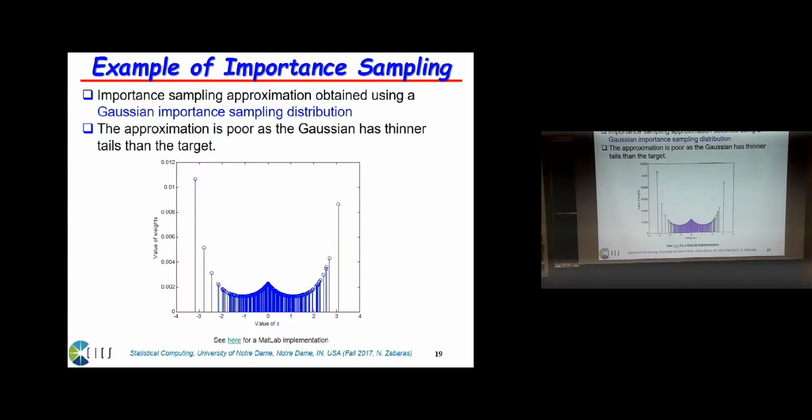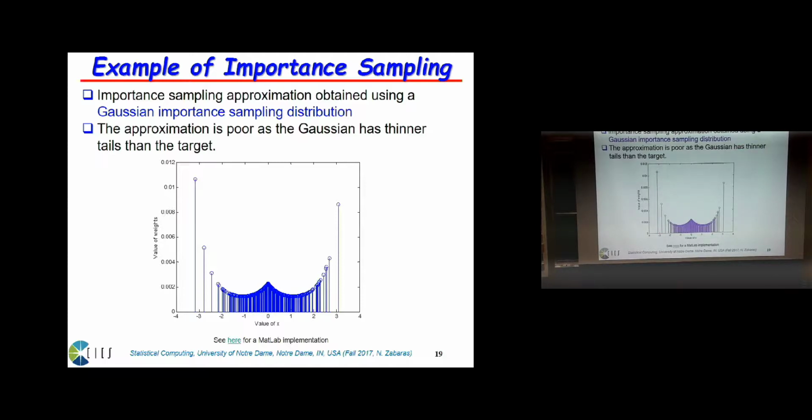What you see here is if you sample from a Gaussian and use 1/n times the weights times the delta functions at the points x that you get by sampling the Gaussian, you get a distribution that looks like that.